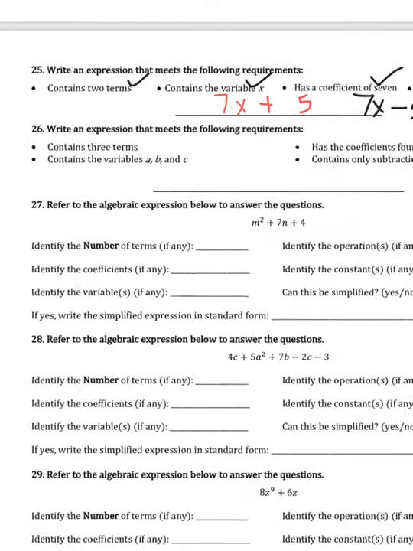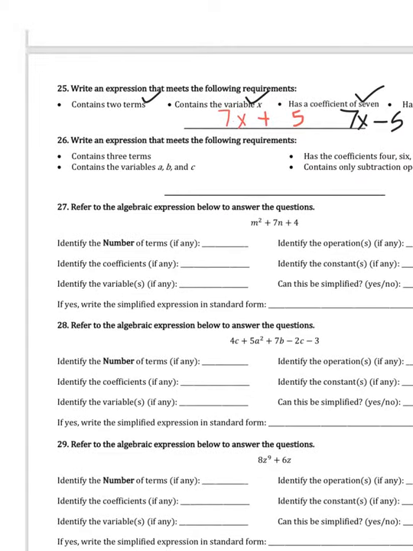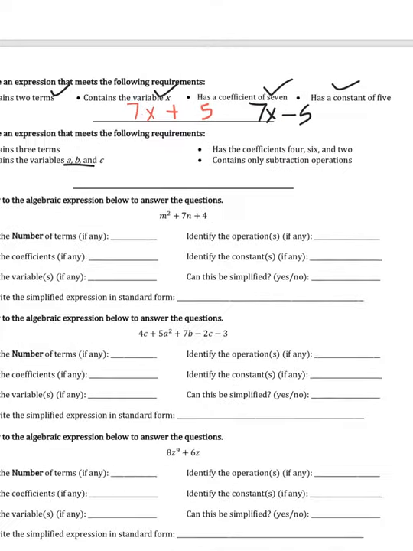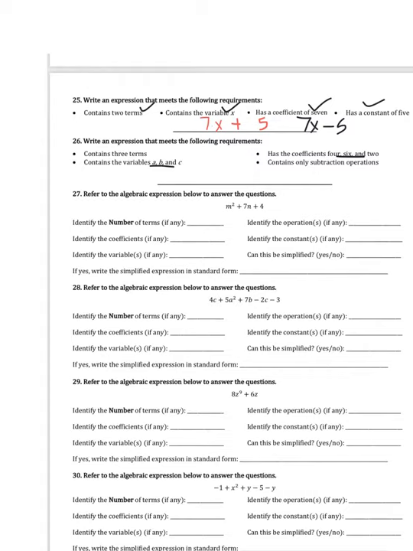Write an expression that meets the following requirements. Contains three terms and contains the variables a, b, c, and has the coefficients 4, 6, and 2, and has only subtraction. Oh, that's easy. All right, so three terms. A, B, C, the coefficients have to be a 4, a 6, and a 2, and contains only subtraction.